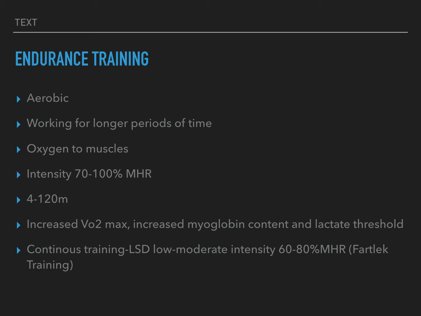And this is done through the likes of your continuous training, so your long, slow duration, low to moderate intensity, 60 to 80% of maximum heart rate, and fartlek training. For anyone that doesn't know what fartlek training is, this is like a mixture. So say you're working for 20 minutes, and it's 30 seconds walk, 30 seconds jog, 30 seconds sprint, and then repeating that process.